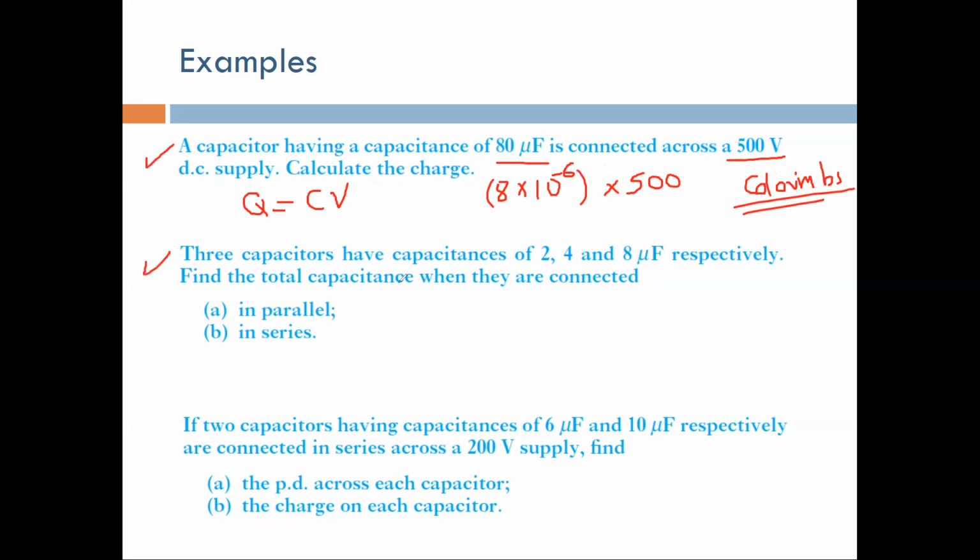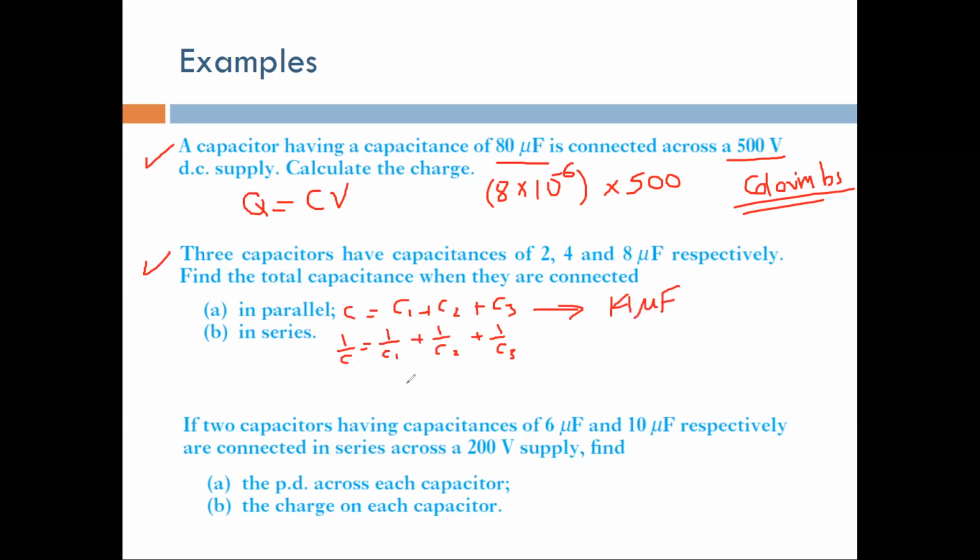Here you have three capacitors having capacitances of 2, 4, and 8 microfarads. Find the total capacitance when they are connected in parallel and in series. In parallel, it's just a summation, C1 plus C2 plus C3. In series, 1 over C1 plus 1 over C2 plus 1 over C3 would be equal to 1 over C total. So here, 2, 4, and 8, it's going to be 14 microfarads.